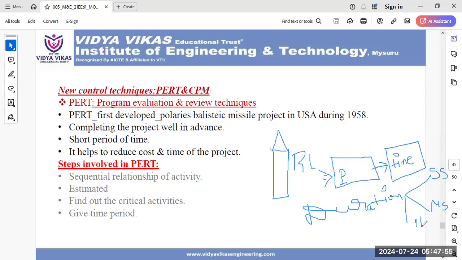If the project is very important, we go for high speed. If the project is moderately important, we go for medium speed. If it is not too important, or if it is a big project, we go for slow speed. The very important task is to find out whether it should be high speed, medium speed, or slow speed. This is another example.